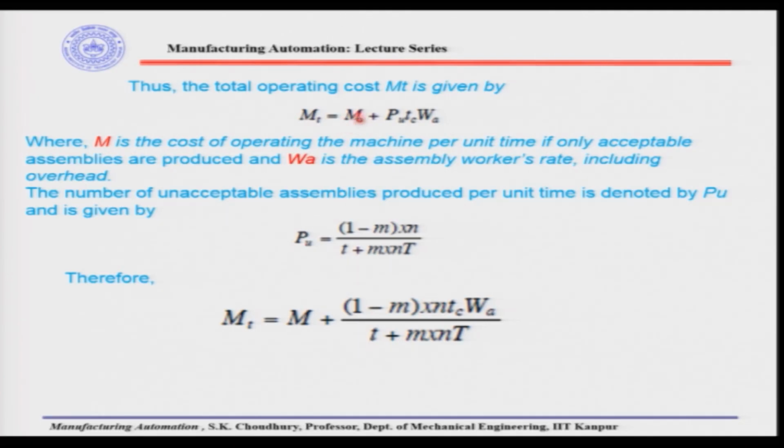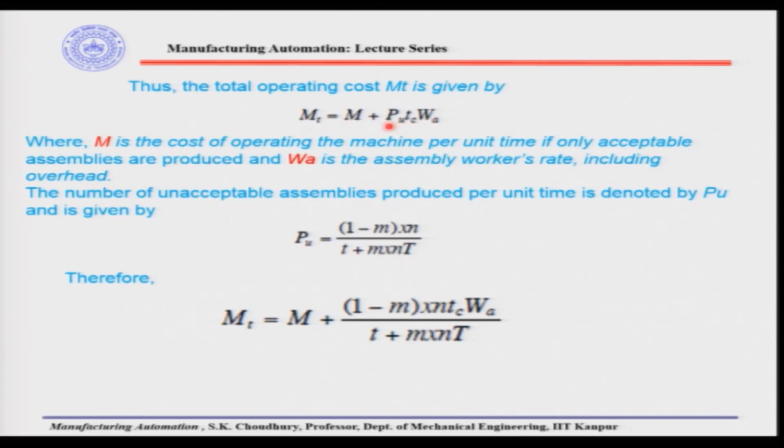So, therefore, the total operating cost MT will be equal to M plus PU, TC and WA, where M is the cost of operating the machine per unit time if only acceptable assemblies are produced, WA is the assembly worker's rate including the overhead, and TC is the cycle time.